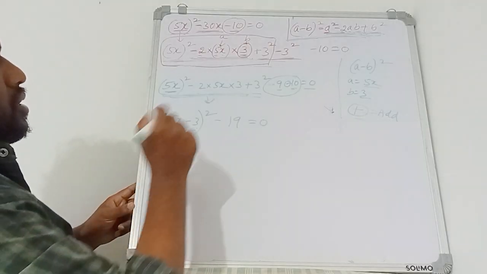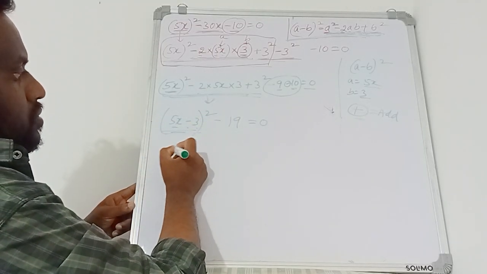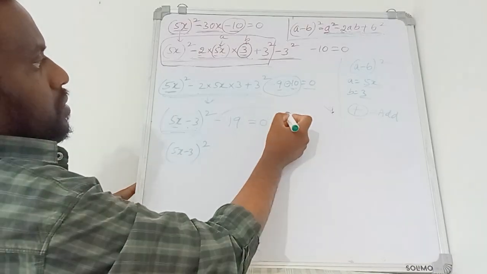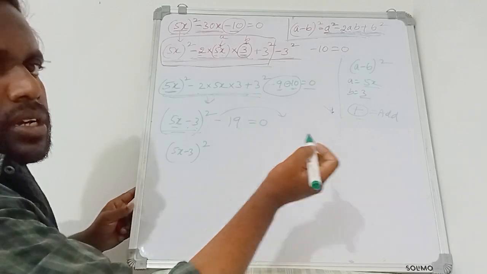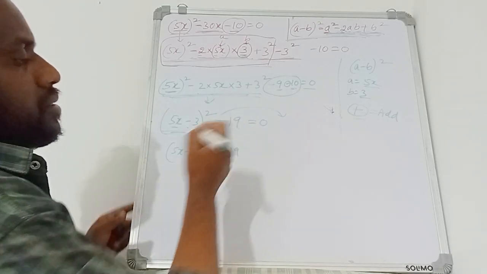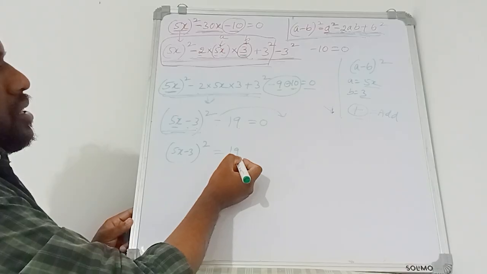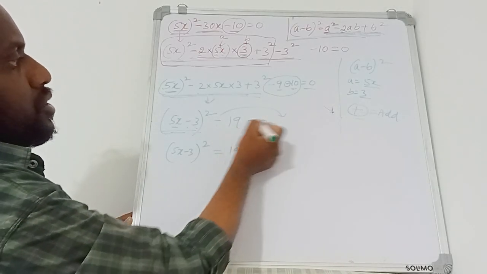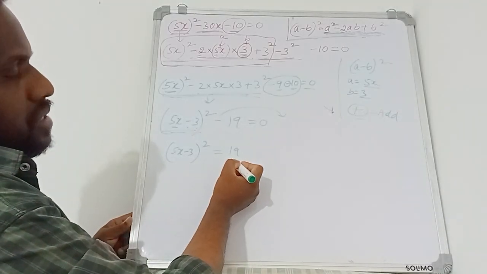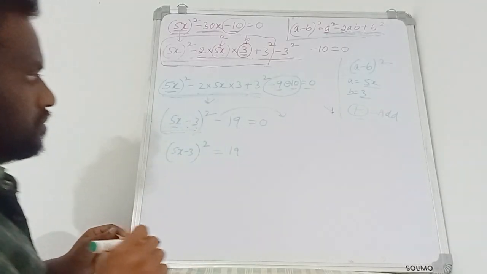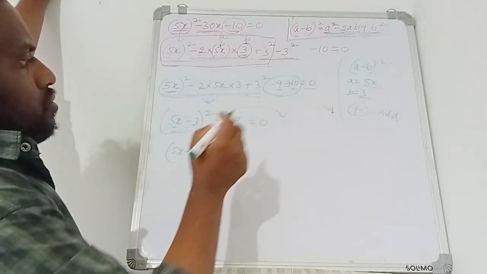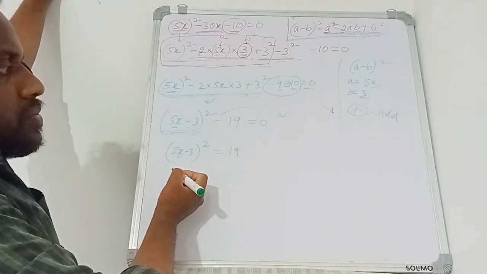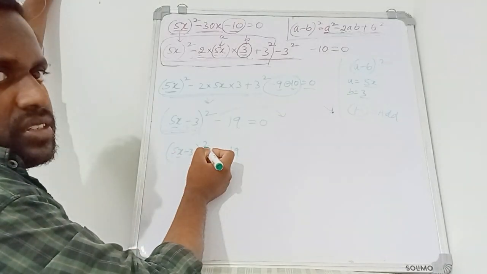Okay. Now write this as it is, 5x minus 3 whole square. Send this 19 to this side. Minus 19 will become plus 19. Now we want x values. So first we have to remove this square sign.